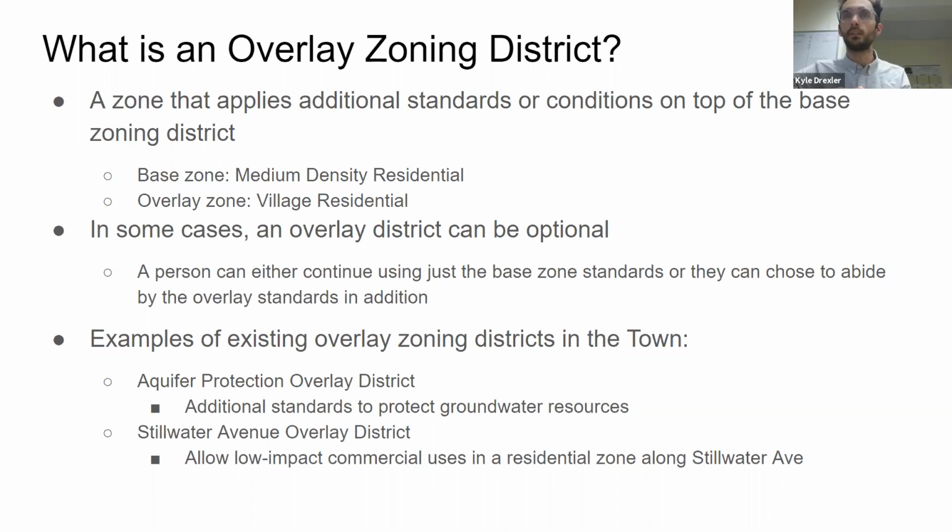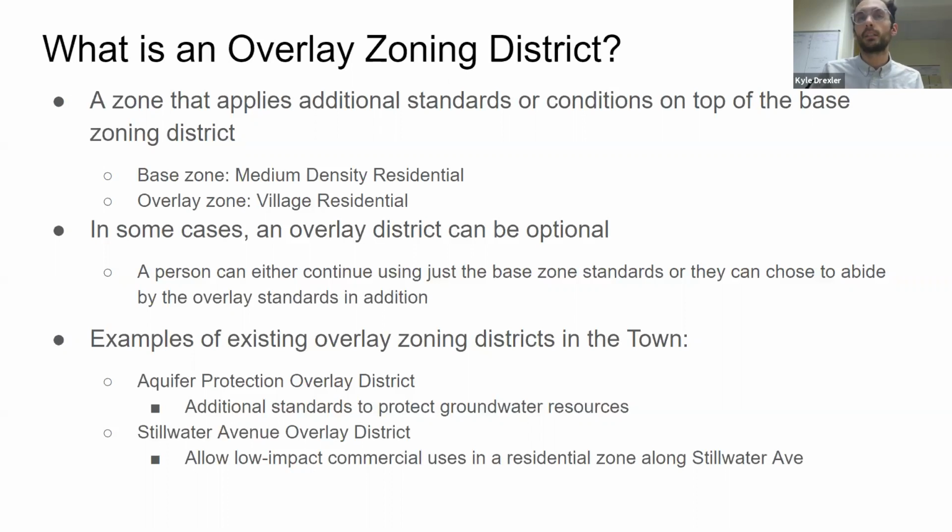Some examples of existing overlay zoning districts in the town would be the aquifer protection overlay. That's not an optional overlay district. It provides additional standards and review criteria for properties in that area to protect groundwater resources. Another example would be the Stillwater Avenue overlay district, which is an optional district.